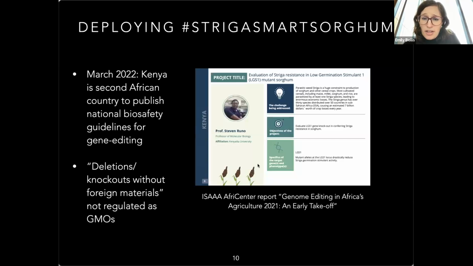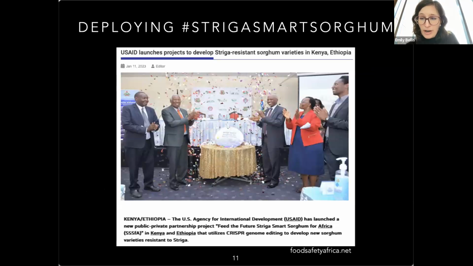And I want to also acknowledge a lot of the work of a collaborator, Dr. Stephen Runo, who really helped, I think, pave the way for deployment and development of these varieties through a lot of the work of his lab and the lab of others. So here we are now, a really exciting moment for Striga Smart Sorghum.